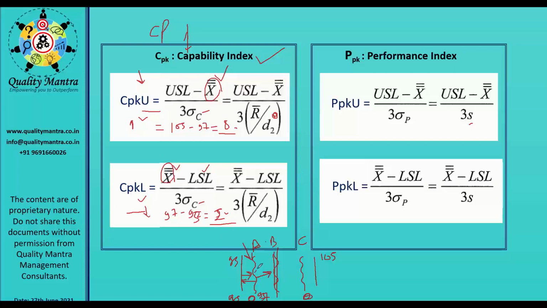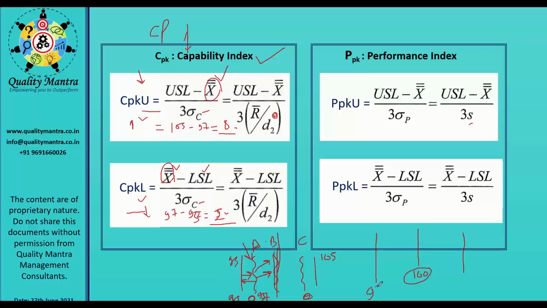You need to drive the car towards the center. And if the process average is exactly at the center of the specification limits, now, what is the center of the specification limits? LSL and USL, what is the center? 100. 100. Now, if your process average is 100, okay?